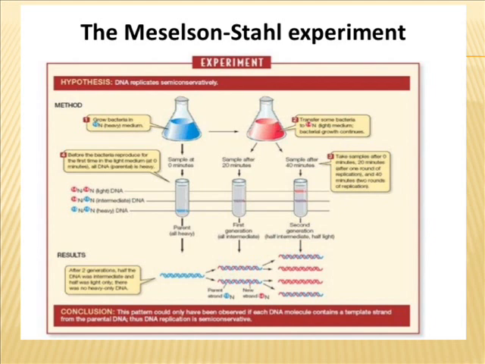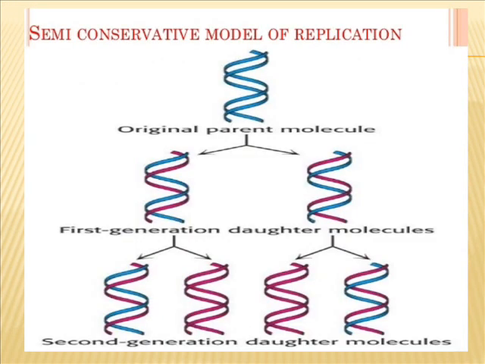After one replication, the DNA was found to have intermediate density. Since conservative replication would result in equal amounts of DNA of the higher and lower densities, conservative replication was completely excluded. However, this result was consistent with both semi-conservative and dispersive replication.